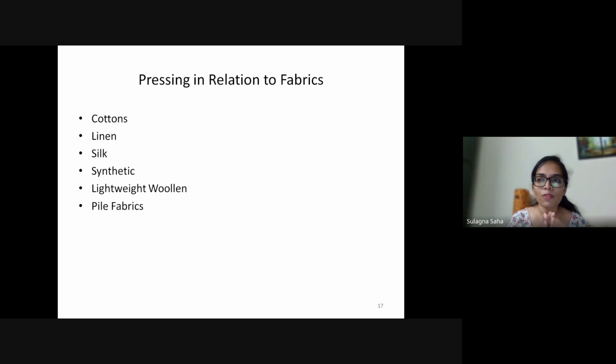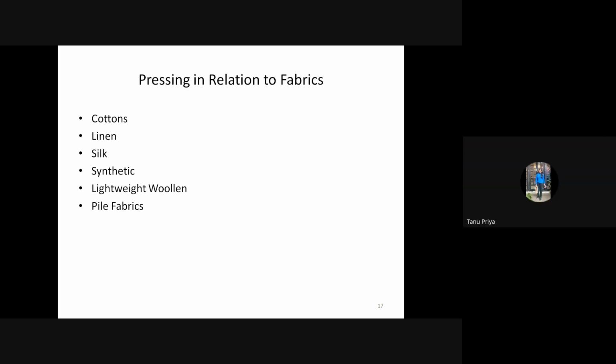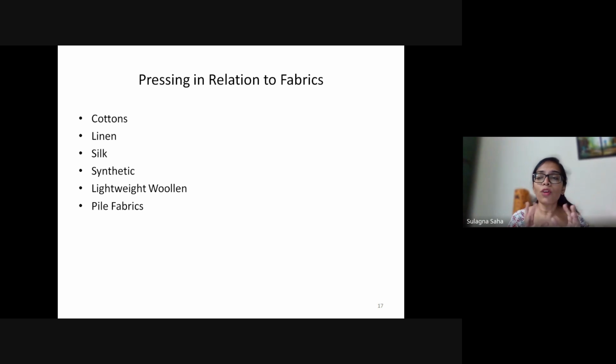Are you getting what I'm trying to say here? Yes, so those are called pile fabrics. Pile fabrics generally have some sort of textured look on one side, and the other side is generally plain. So a pile fabric should always be pressed on the other side. You should never press the fluffy side of the fabric. It will lose its texture.